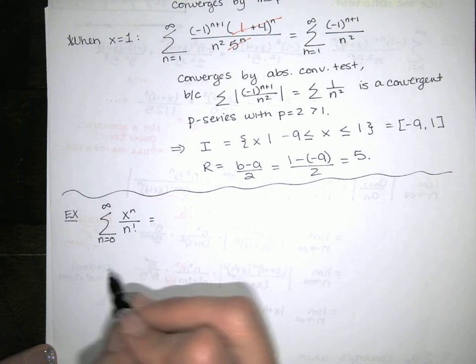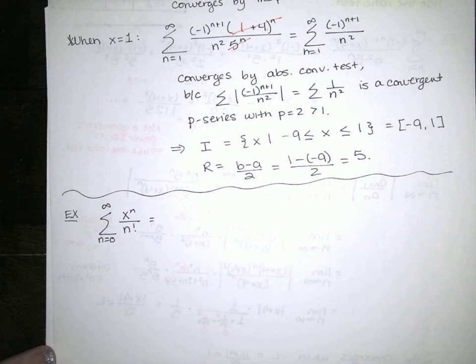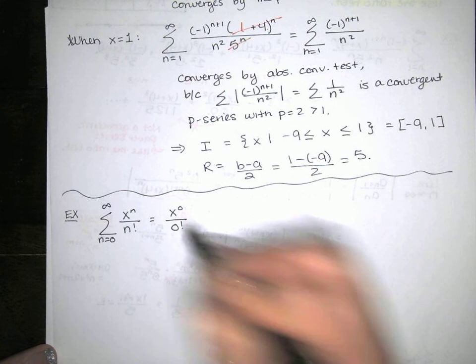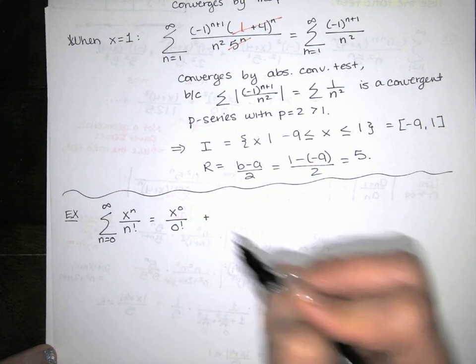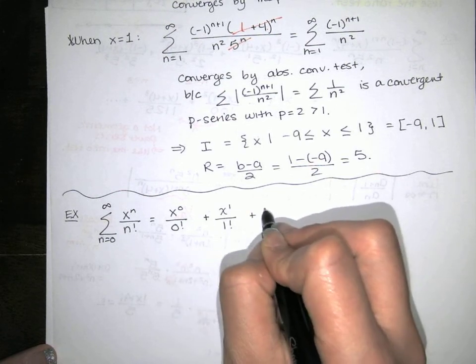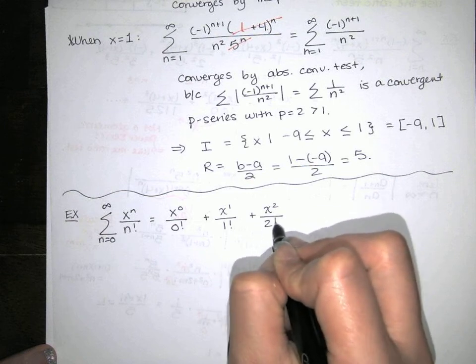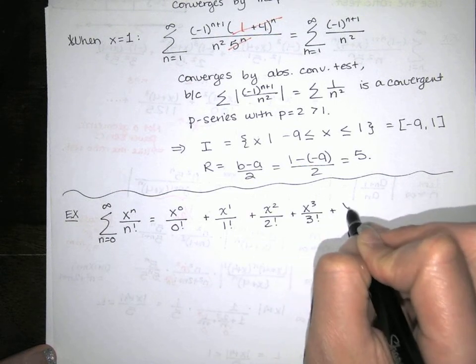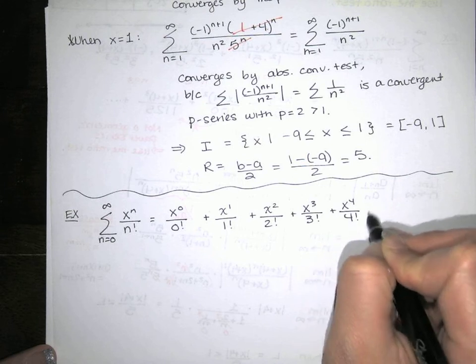Well, when n equals 0, I always expand first to see if it's a geometric series. When n equals 0, we get x to the 0 over 0 factorial. When n equals 1, we get x to the first over 1 factorial. When n equals 2, you've got x squared over 2 factorial. N equals 3, x cubed over 3 factorial. Then you've got x to the fourth over 4 factorial, and so on.